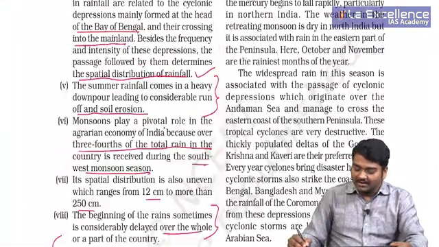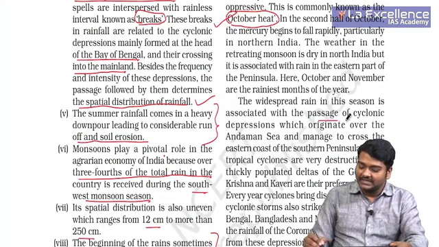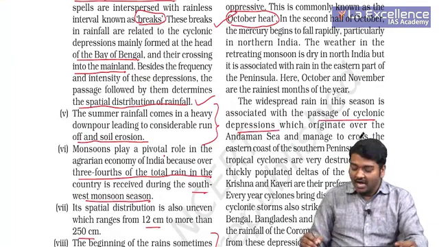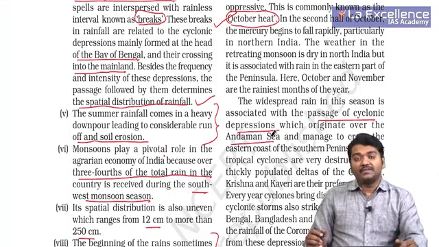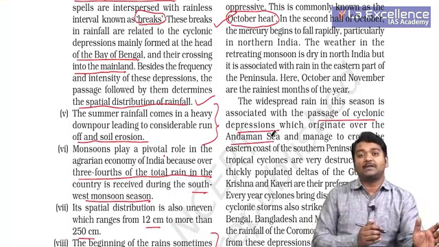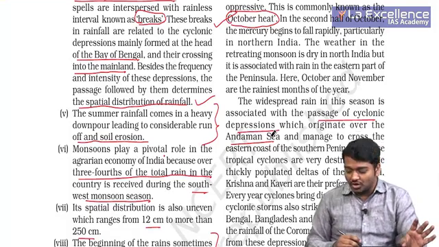And then we need to understand that widespread rain in this season is associated with the passage of cyclonic depressions which originate over the Andaman Sea, and it is brought from the Andaman Sea towards India through the northeast trade winds which usually blow.